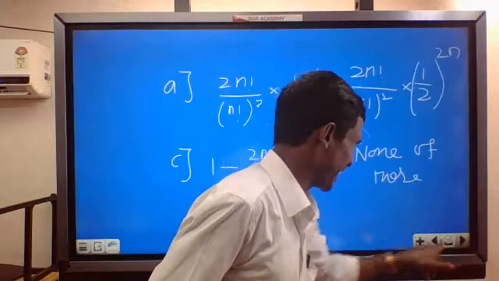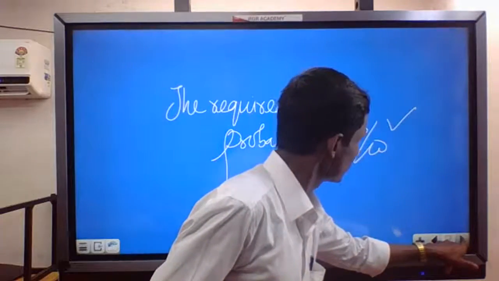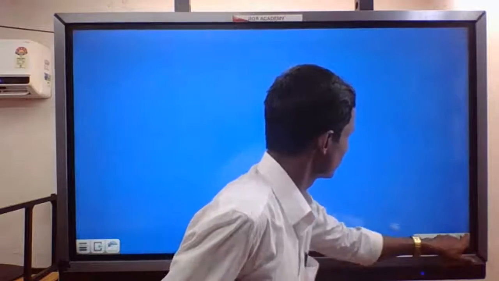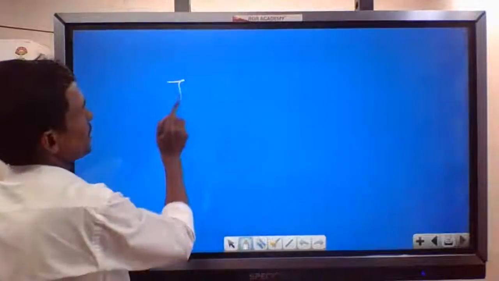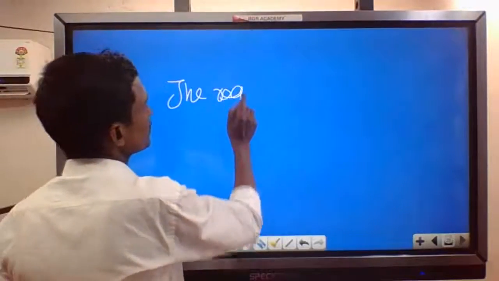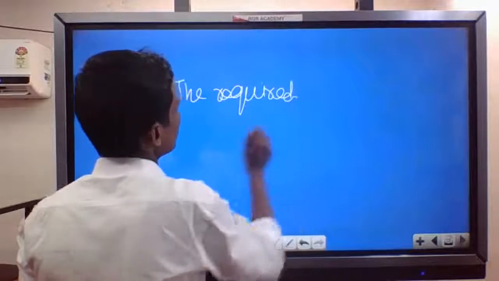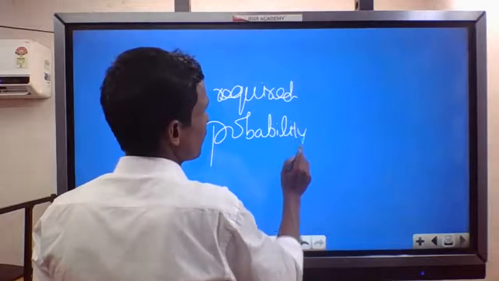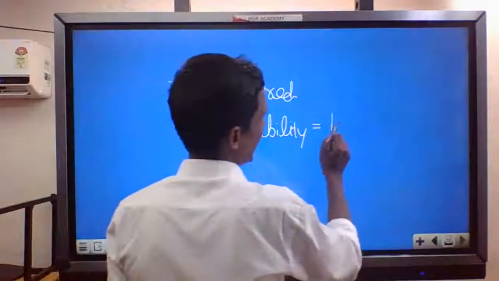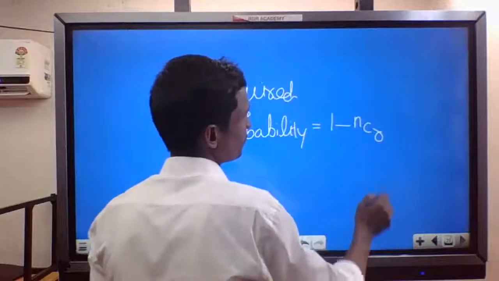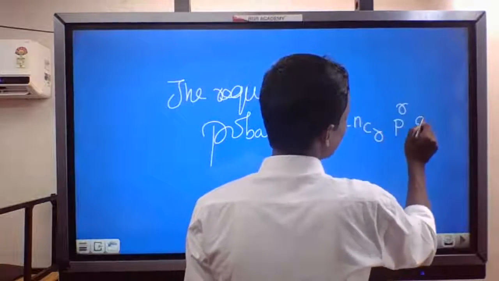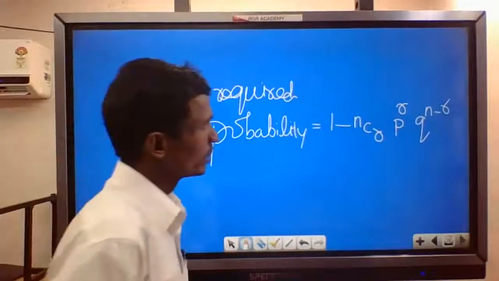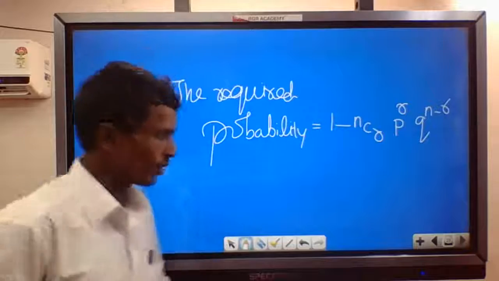The required probability is equal to 1 minus nCr p power r q power n minus r.